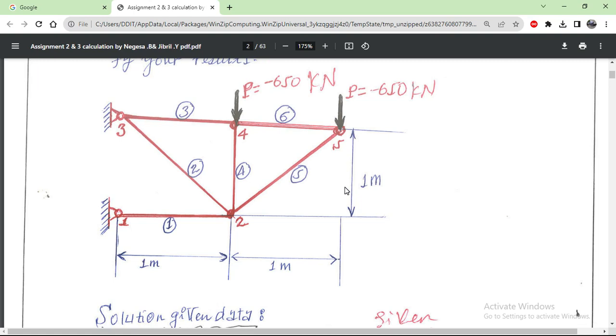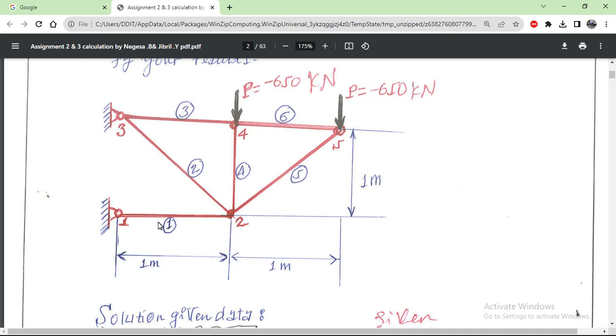The distance from node number 2 to node number 4 is given as 1 meter. Then the distance between node number 2 and number 5 is also 1 meter.